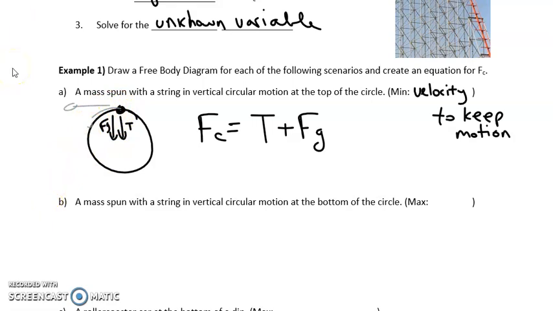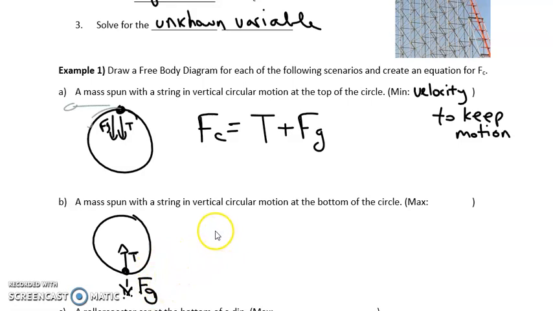The next one, well, what if it's at the bottom? At the bottom here, you've got the tension, and you've got the force of gravity, which is kind of holding it into place.